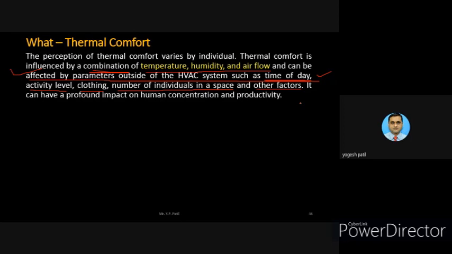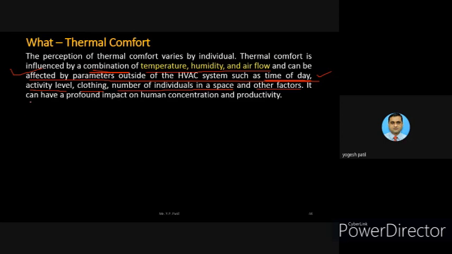So you can see that to implement this particular comfort, these things are required to be considered. What time of day, what set point, what type of activity is going on in that room, how many people are there, what type of clothing they have, that also decides another set point.